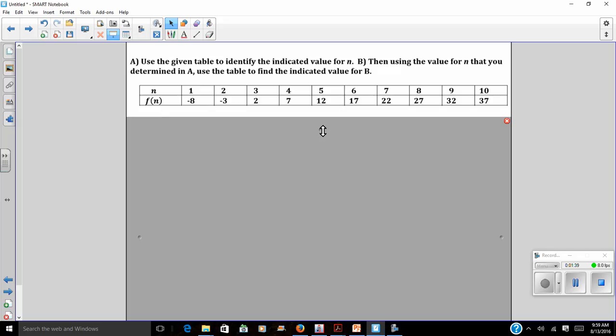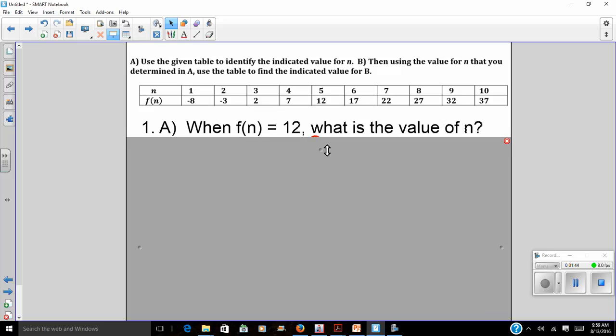The instructions are to find, when f of n equals 12, what is the value of n? The big thing that I look at is this f of n. That's going to tell me what row I look at.